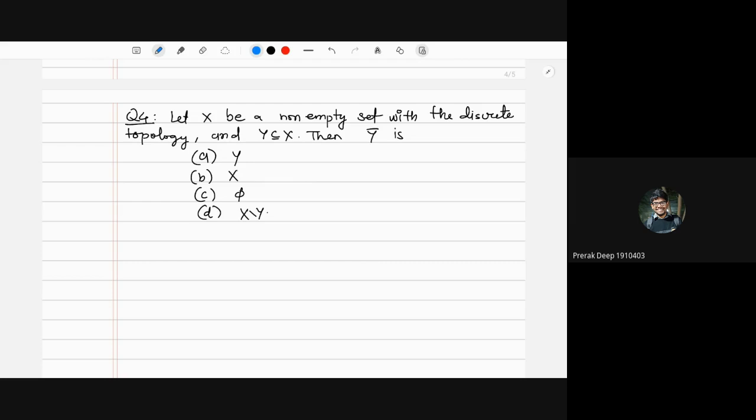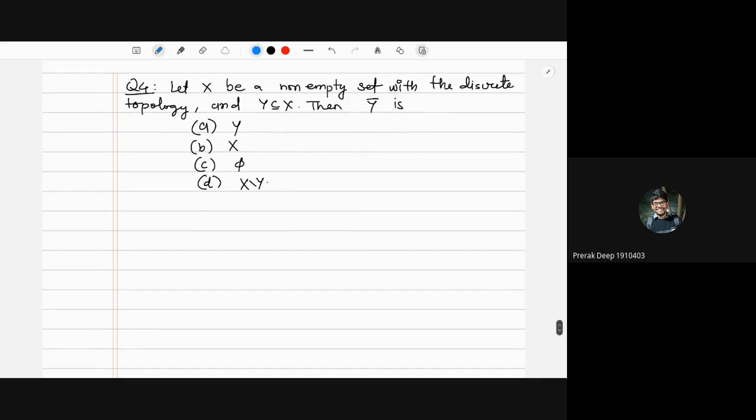Okay, so we have already seen today that any arbitrary subset of a discrete topology is closed. And it is also open in nature by definition. Any subset Y of X in discrete topology is open, by definition.